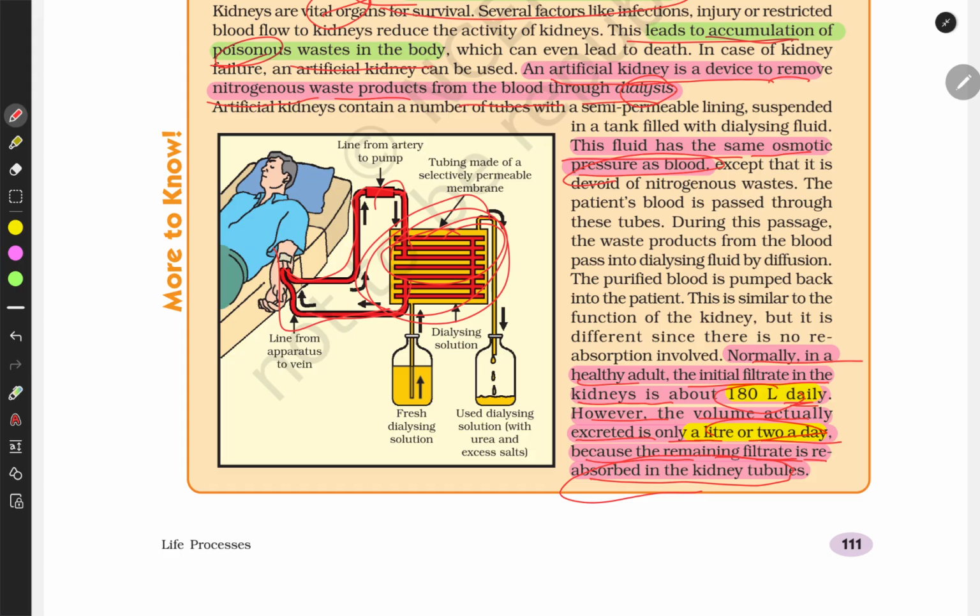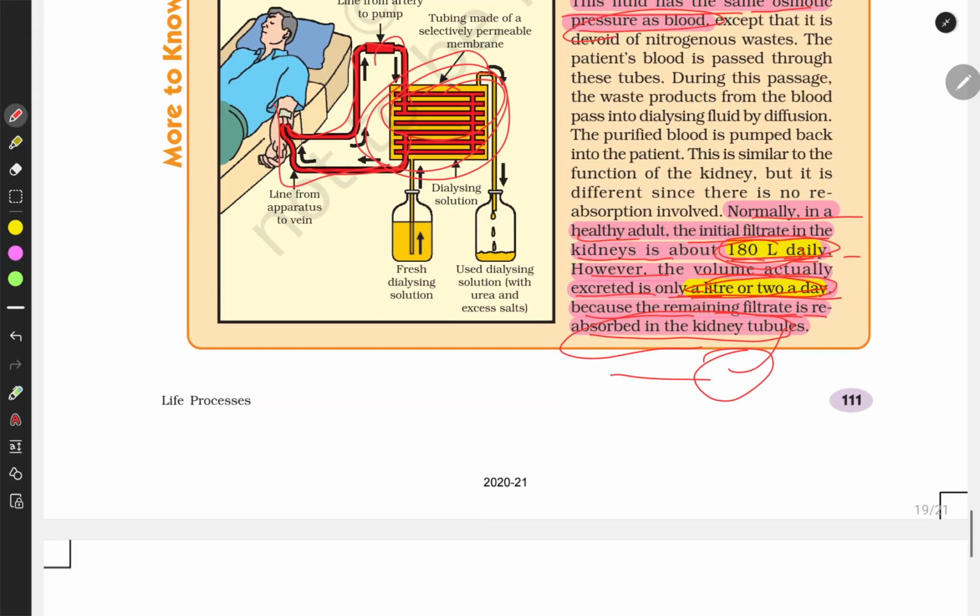The kidney also filters a lot of proteins, carbohydrates, fats, essential things, and these are reabsorbed by the blood again. So in total it filters 180 liters a day. And talking about the net filtration, like water and all that nitrogenous waste, it is only 1 to 2 liters a day.